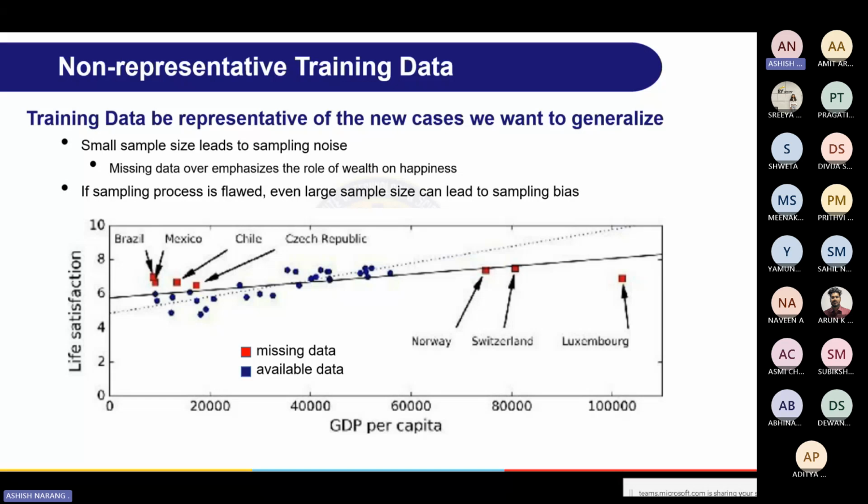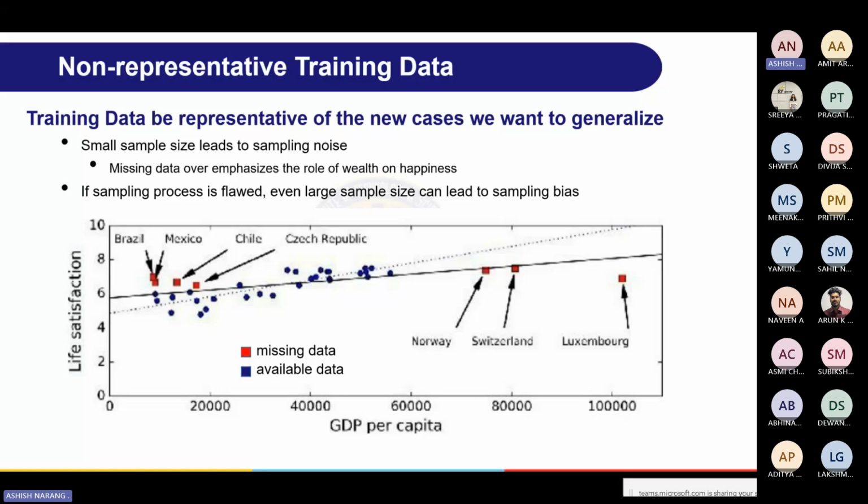When you try to model that particular situation, there is a straight line that can pass, right? The red squares represent the missing countries or the missing data points. So the solid line represents the trend learned from the available data, right?